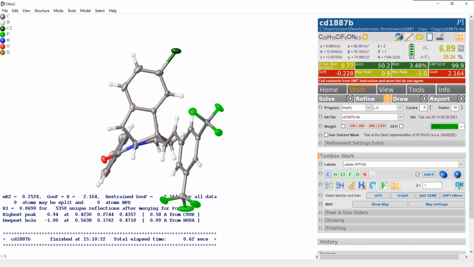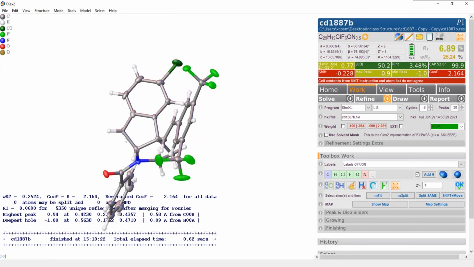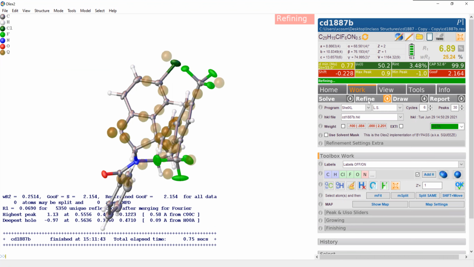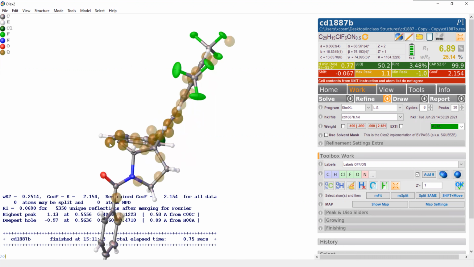And so for now, this one here doesn't look that well compared to the other ones. If you want to confirm that this is a carbon or not, one thing to do is delete the hydrogen that we placed on a calculated position, refine it, and see if a Q peak shows up off of that position.